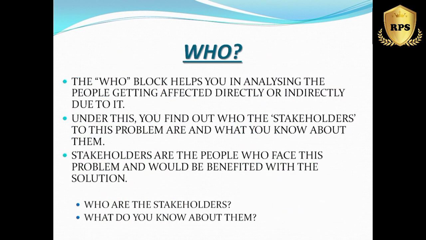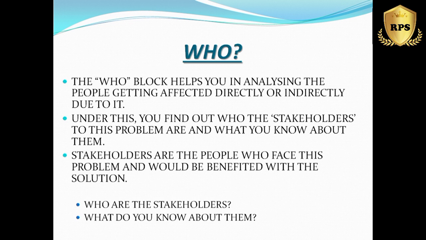So who? The who block helps us in analyzing the people getting affected directly or indirectly due to it. Of course, you can be affected in two ways, directly or indirectly. So the who block identifies the people who are suffering from this problem. Under this, you find out who the stakeholder is. A stakeholder is the person who is facing the problem.